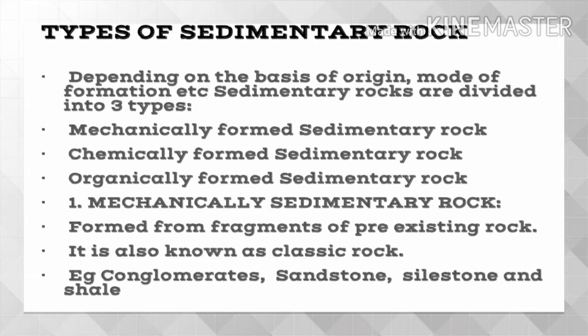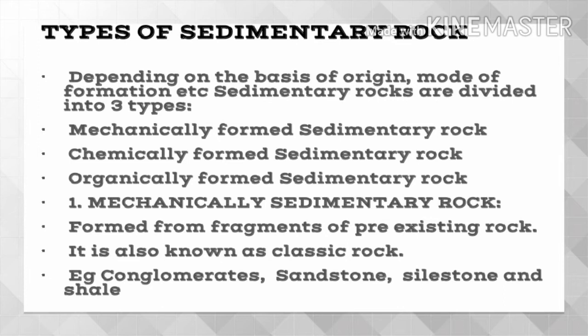And not only that, what is the source and nature of the sediments that have formed the rock. It is classified into three types: mechanically formed sedimentary rock, chemically formed sedimentary rock, and organically formed sedimentary rock.